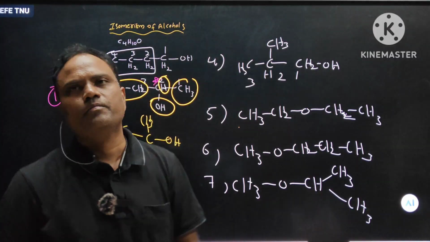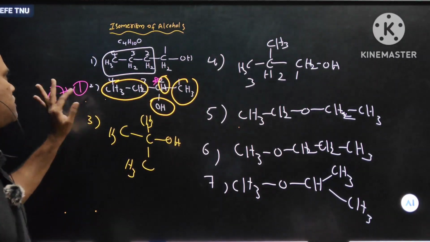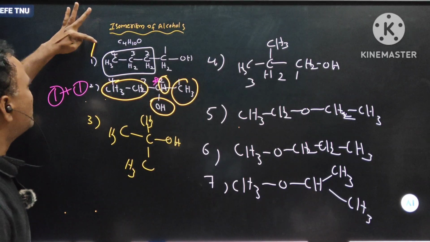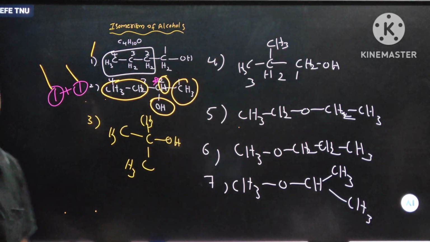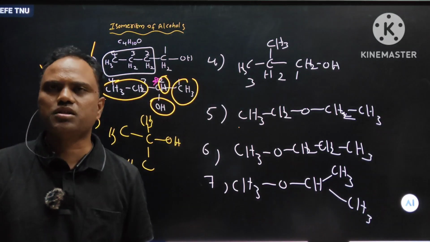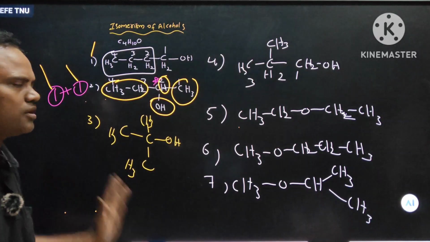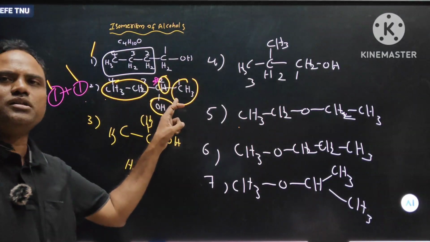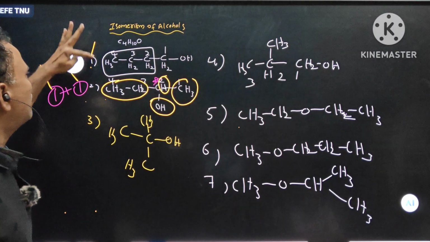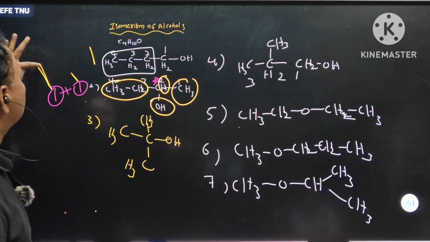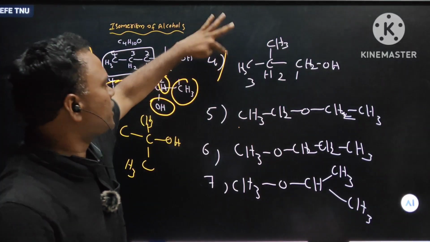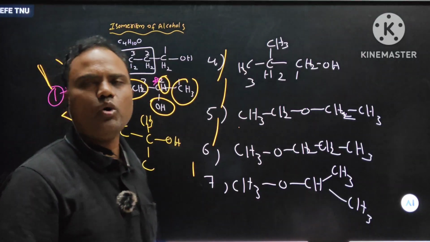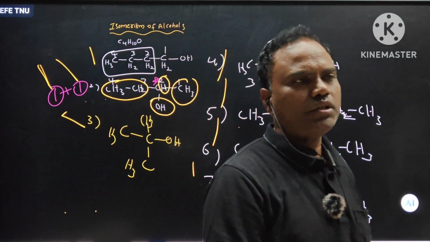Or simply remember, if a chiral center is formed, instead of writing 1 isomer, write 1 plus 1, 2 isomers. So 1, 2, 3, you have to count like that. When only structural are asked, don't write 1 plus 1. When total isomers are asked, indicate the chiral center and write 1 plus 1. So 1, 2, 3, 4, 5, 6, 7, 8 isomers, including optical also, right?